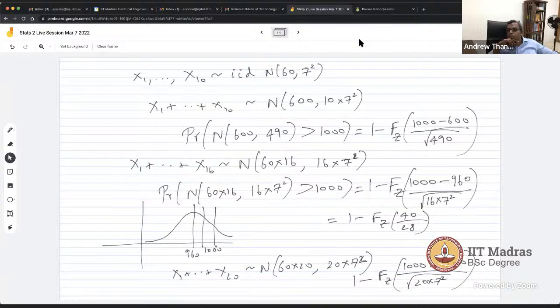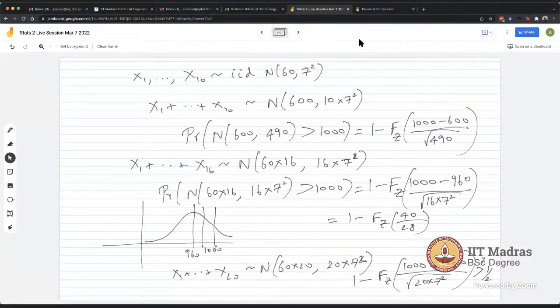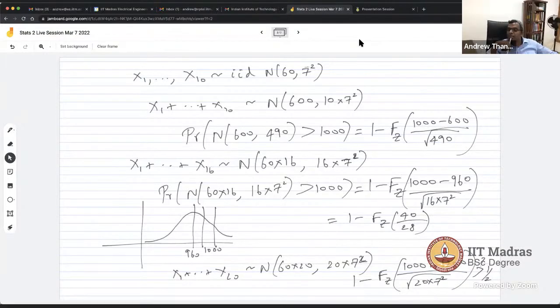Is that okay? So this value, is it going to be greater than half? Do you think this entire value will be greater than half? Yes, sir. Yeah, because FC of a negative value is going to be less than a half. So 1 minus FC is going to be above half.